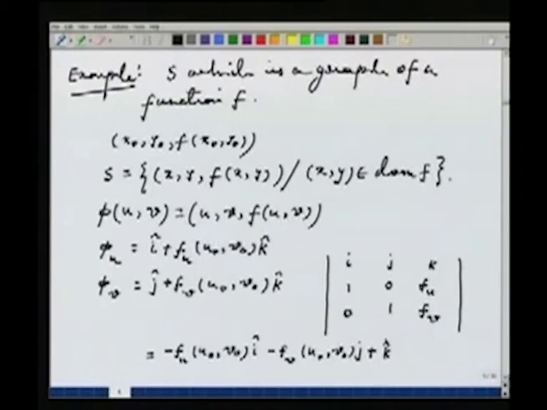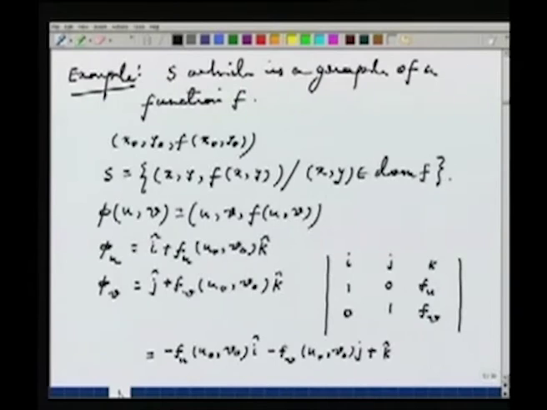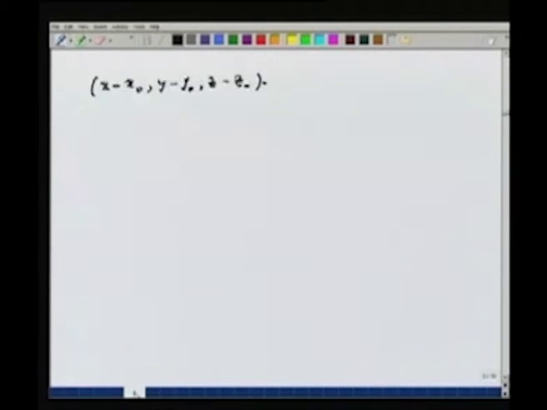So, the equation of the tangent plane is easy to calculate. The equation of the tangent plane is (x minus x naught, y minus y naught, z minus z naught) dot the normal vector, which is given by this. So, I just use that.